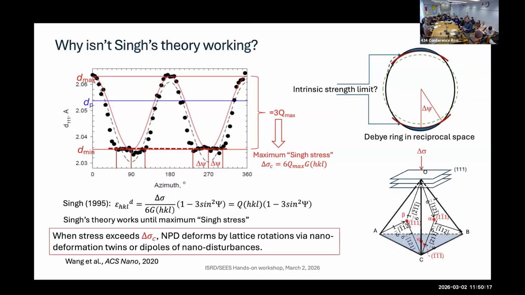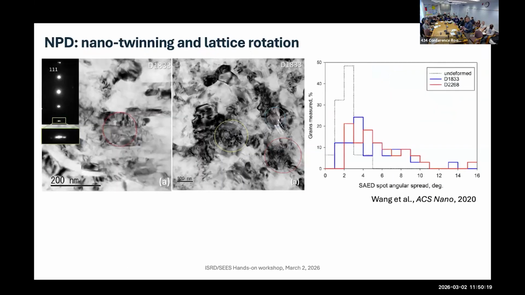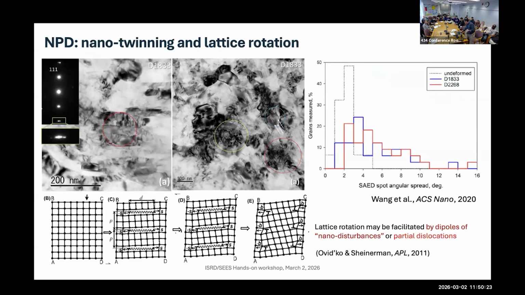And our conclusion, just to show you this, is what's actually well-known behavior in material science, basically lattice rotation. The diamond lattice breaks down into very small parts with a lot of twinning and tiny disturbances. They're not even dislocations, they're partial dislocations, or some people call them nano disturbances.